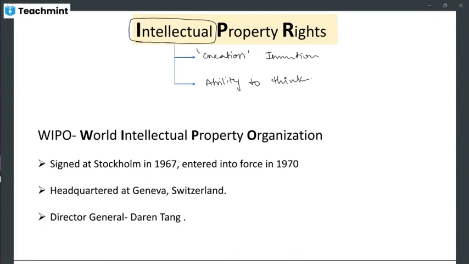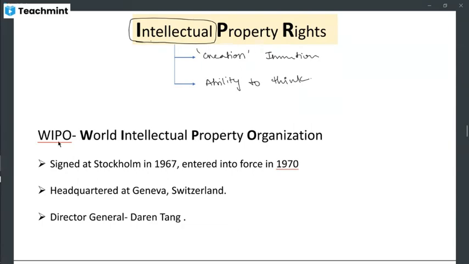Looking at a bit of history, there is an organization named WIPO, the World Intellectual Property Organization. All the member countries of this organization assembled at Stockholm and signed this particular agreement in 1967, and after 3 years it was enforced for all the member nations in 1970. So this is important: it was signed in 1967 at Stockholm and entered into force in 1970.